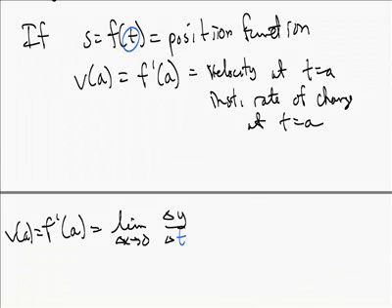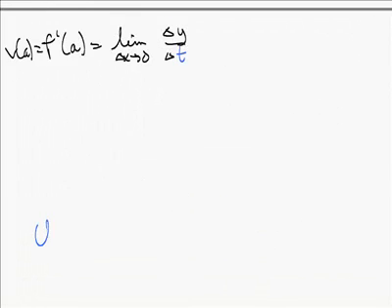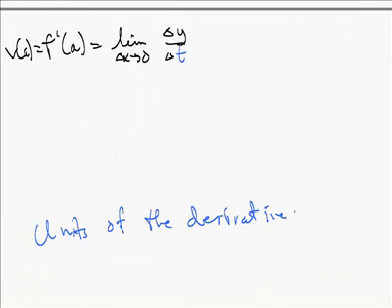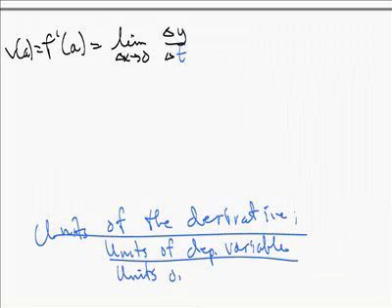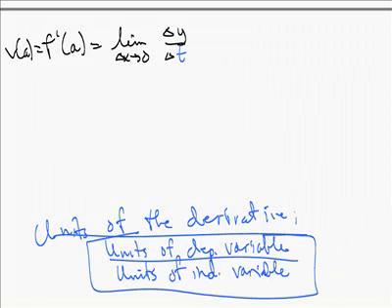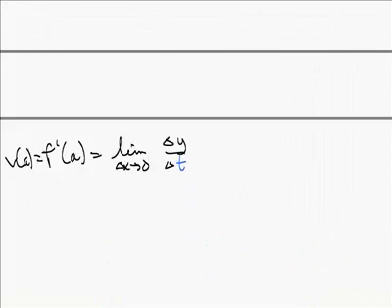We'll say that the units of the derivative are always going to be the units of the dependent variable, which is usually going to be called y, but not always, divided by the units of the independent variable. So when we want to put units on our derivative, this is what we put on: the units of the dependent variable divided by the units of the independent variable.